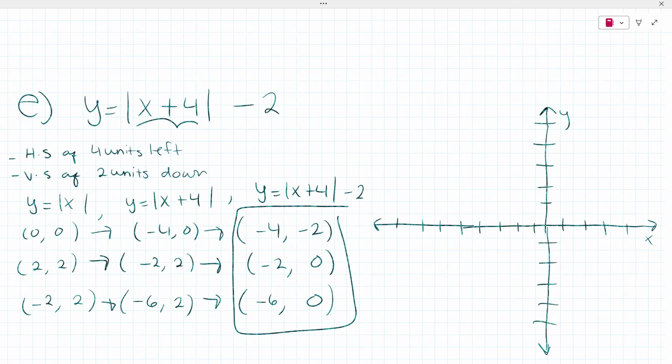-4, -2 would be right here. -2, comma 0 would be right here. -6, comma 0 would be right here. And obviously you can do more than 3 points, right? I'm just doing 3 points.